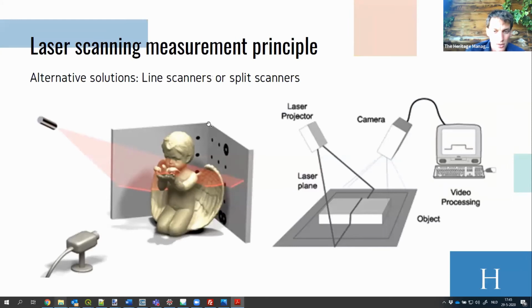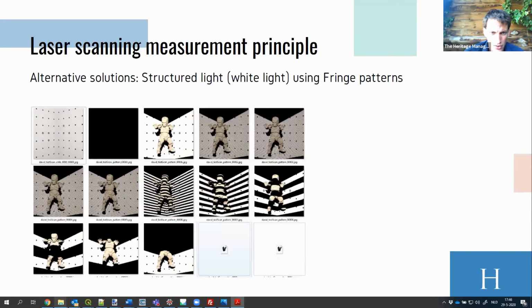And then of course, what I also sent you via the URL, your own line scanners or split scanners, where you have a pattern projected on your artifact, and the projection of that line on the artifact in relation to a reference pattern on the background will allow you to make a 3D representation. So very nice if you want to give it a try.